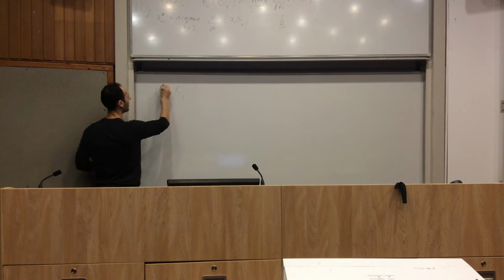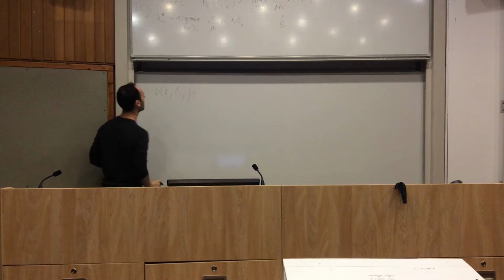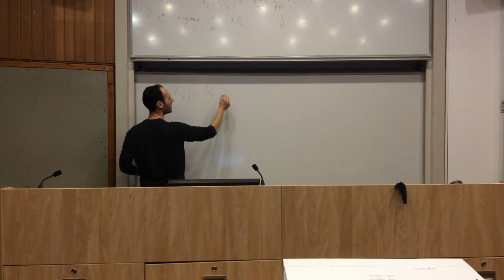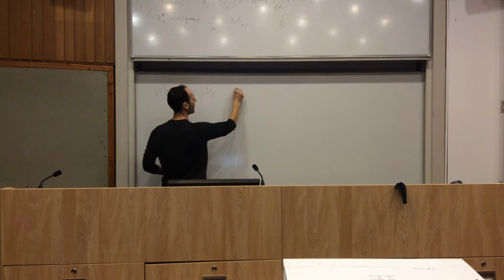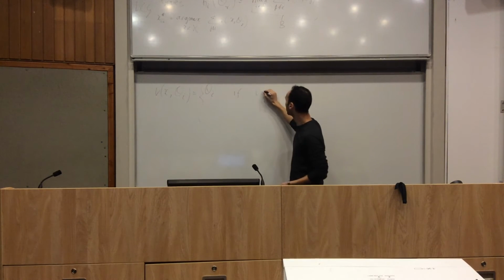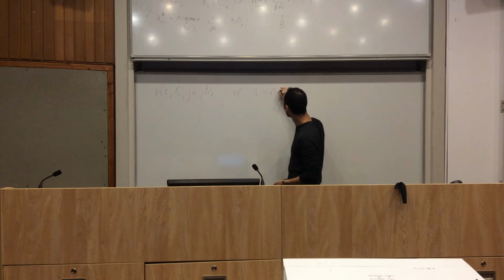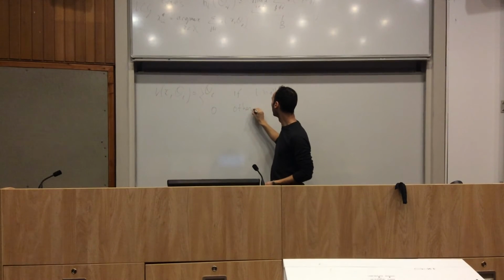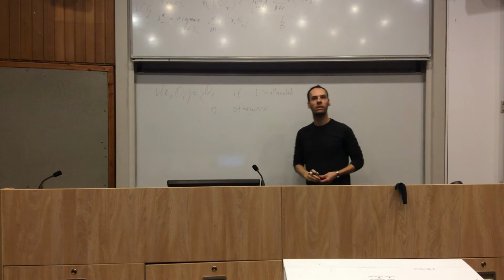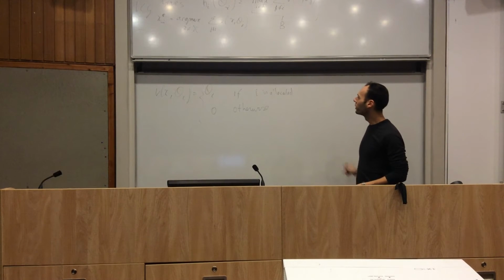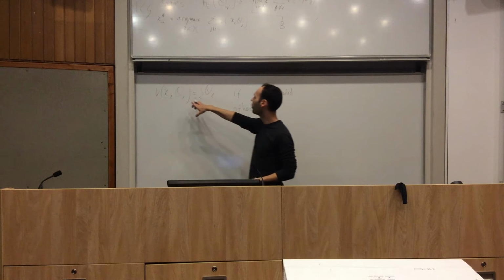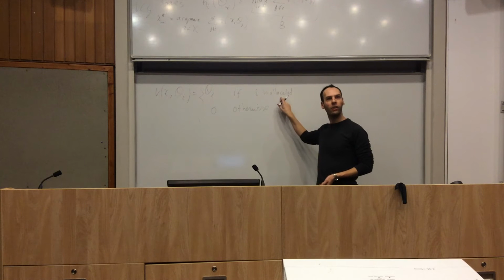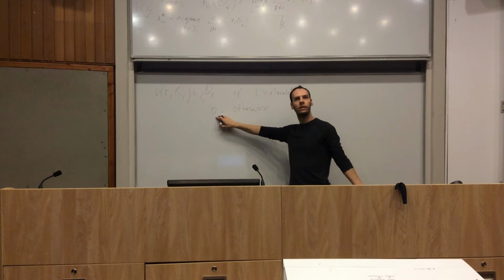So v_x of theta_i is, say, theta_i if agent i is allocated the item, and is 0 otherwise. Okay. So this is very simple, right? So my value for a certain allocation is theta_i if the item is allocated to me, and if I don't get the item, obviously it's 0, right?